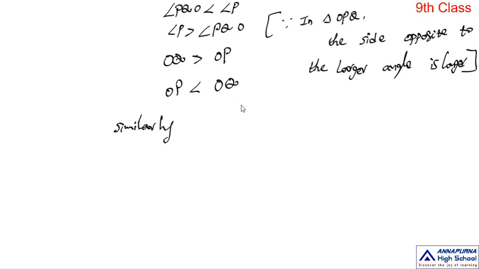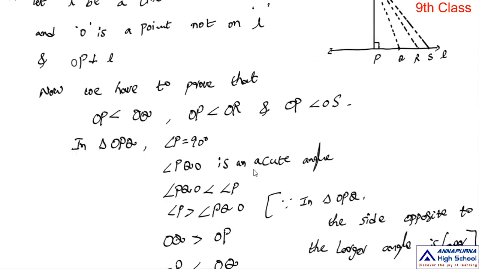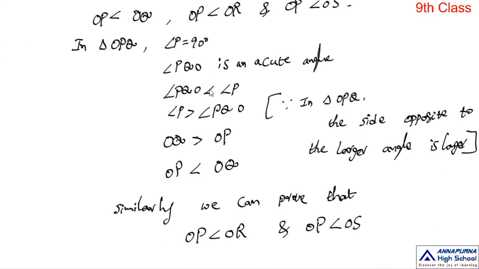In the same process we can prove the remaining two conditions, OP is less than OR and OP is less than OS. So the perpendicular line segment OP is the smallest line segment.